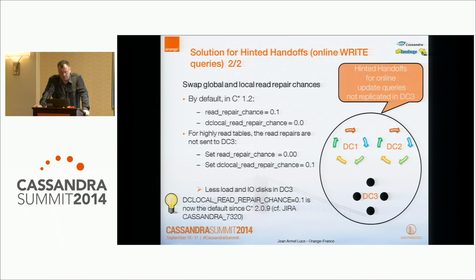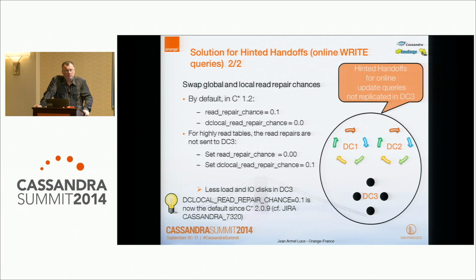Second solution: we decided to swap global read repairs and local read repairs. By default, with Cassandra 1.2, the parameter read repair chance is set to 0.1, and the parameter DC local read repair chance is set to 0.0.